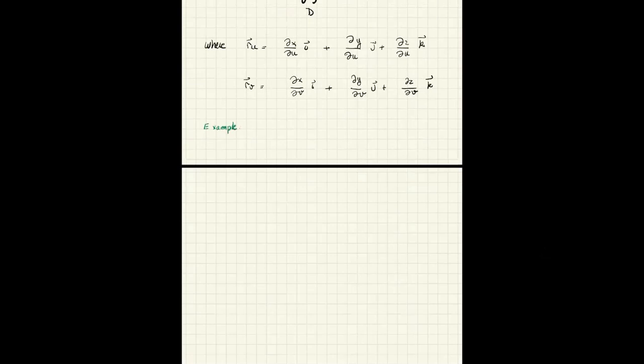Okay, so a sphere of radius a. There are two cases. If you want to compute the surface area of a sphere, you have the possibility of taking z equal to the square root of a squared minus x squared minus y squared, and then take the formula we gave you in the beginning, right?